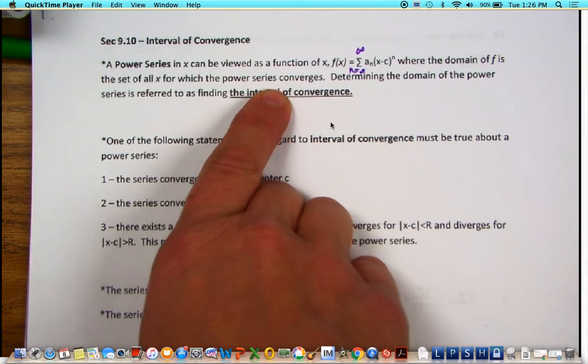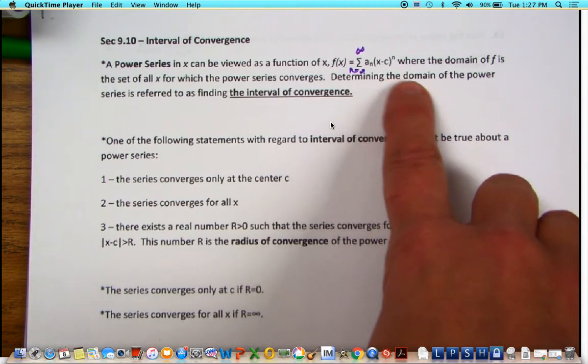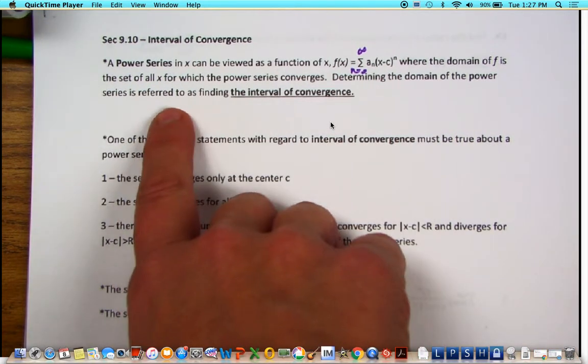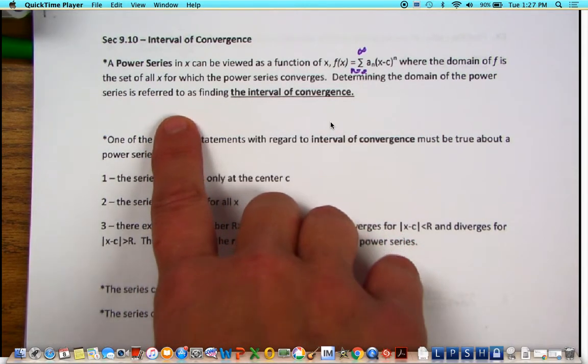So the domain of the power series will be the values of x where the polynomial does what? Converges. So determining the domain of the power series is referred to as finding the interval of convergence.